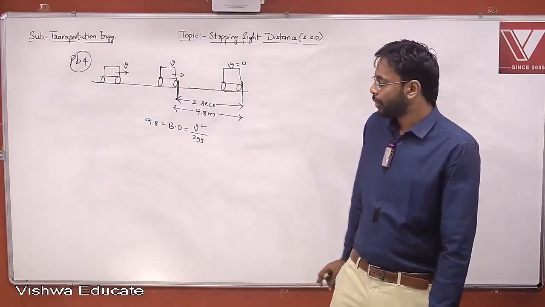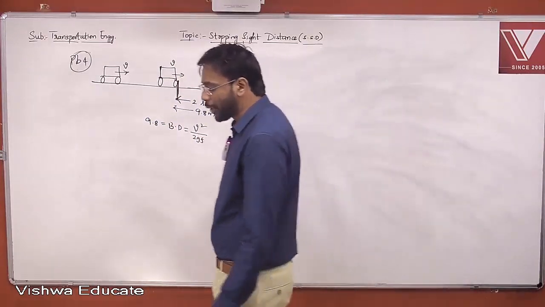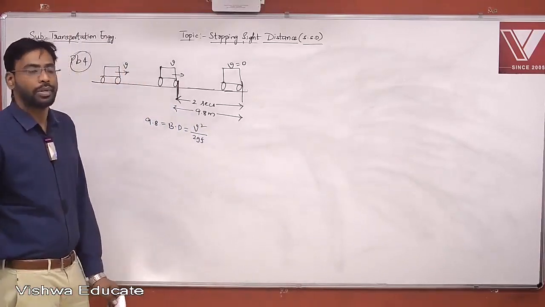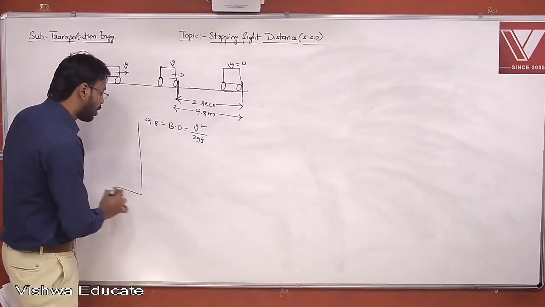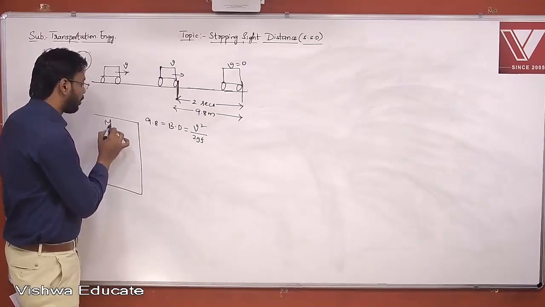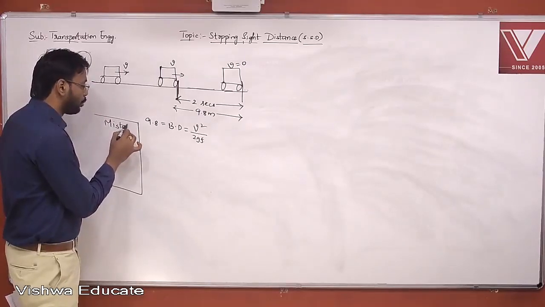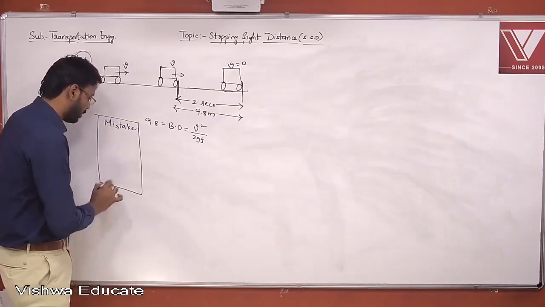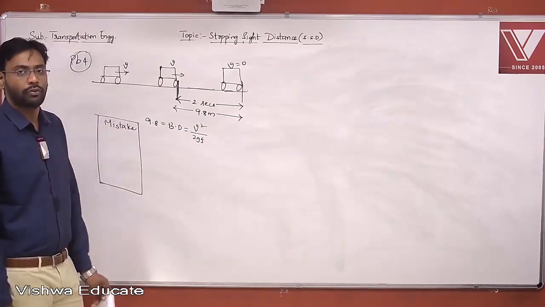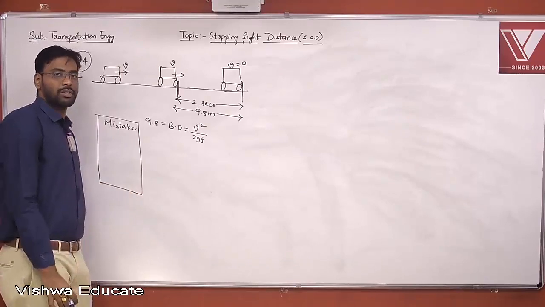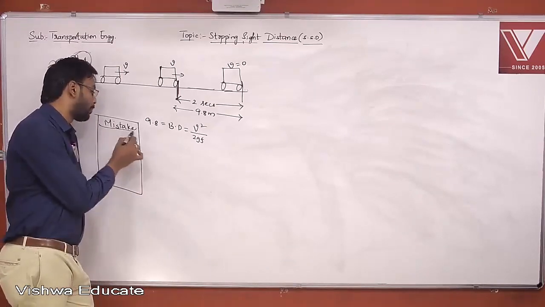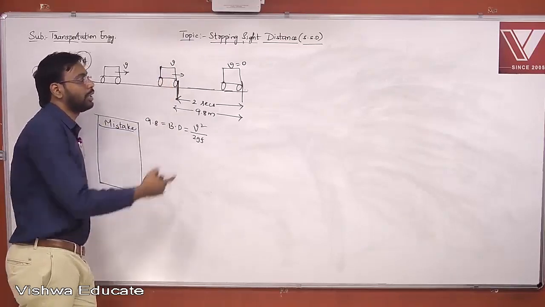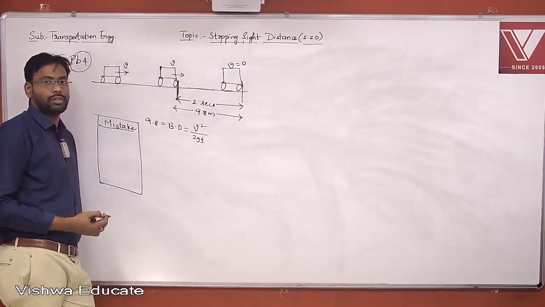Now, many of you will make a common mistake in the calculation of v. Let me write the mistake people do. Many of them make this mistake, because I have seen it in many of my direct sessions. What they do is, here consider the speed is v, and here they have considered the speed is 0.